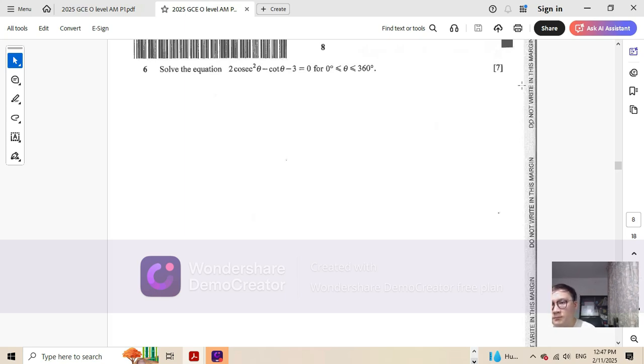This is before you find the usual things like the reference angle, deduce which quadrant the underlying angle lies in, and then proceed to find the underlying angle in the respective quadrant.